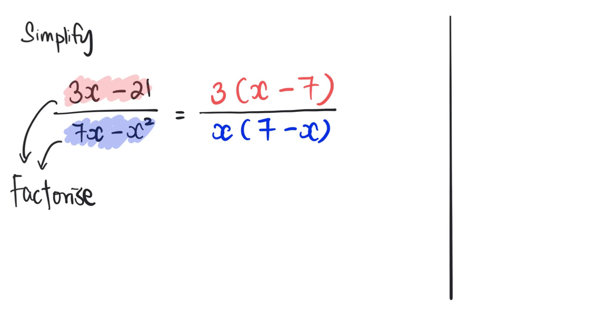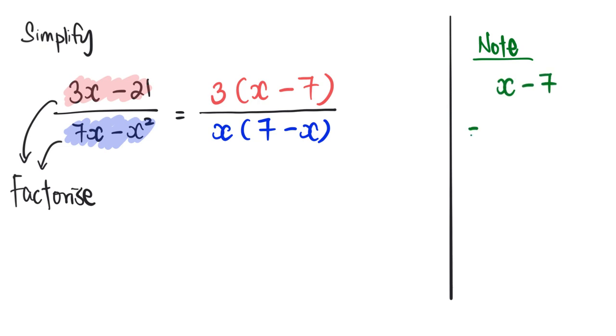And at this point, something interesting occurred to me. x minus 7, 7 minus x. Can I do something about it? And at this point, do take note that if I take out negative 1 as a common factor, let's see what will happen, okay? So, I will start with x minus 7.